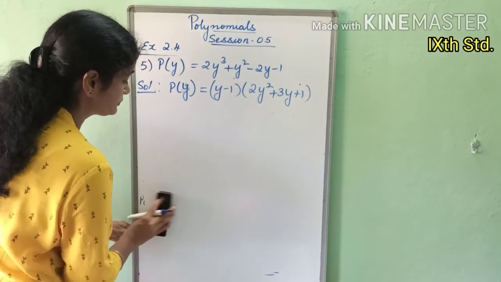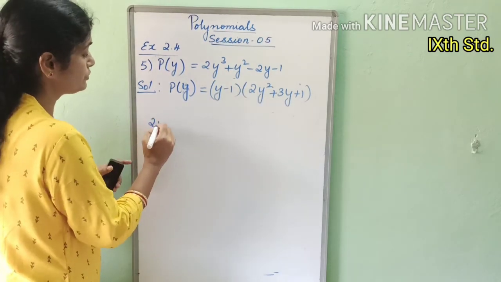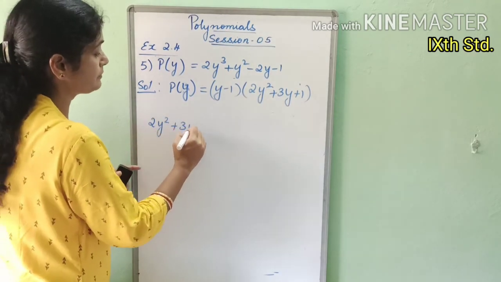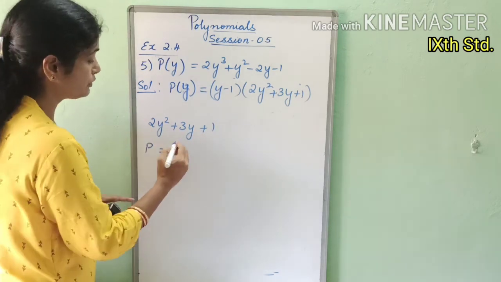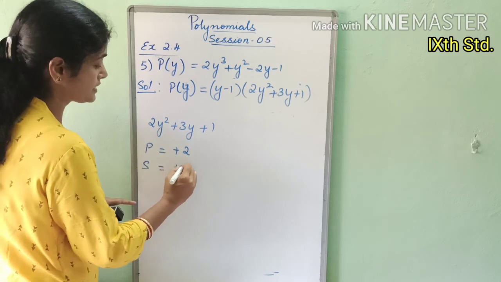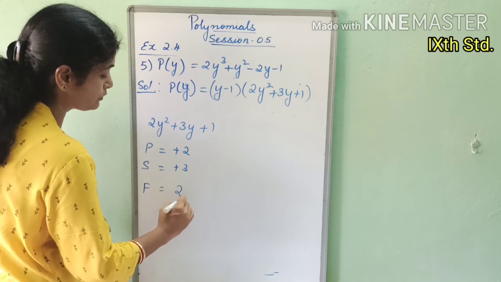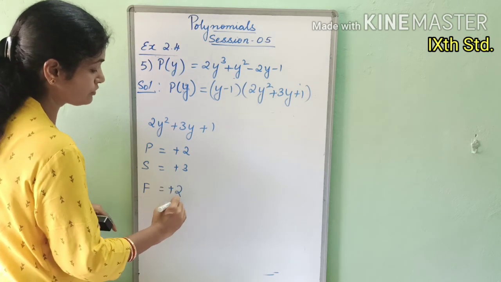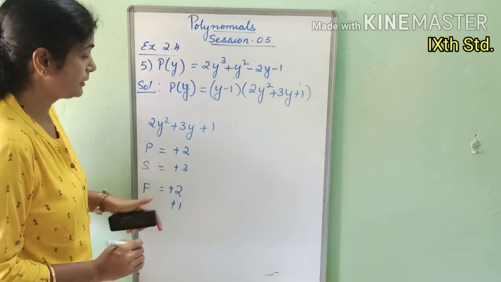Then we will see the factorization of this 2y square plus 3y plus 1. So find out the product: 2 into 1 is plus 2 here, and sum is plus 3. So factors of 2 will be 2 and 1. Sum is positive and product is also positive.